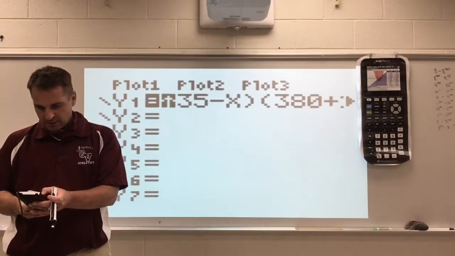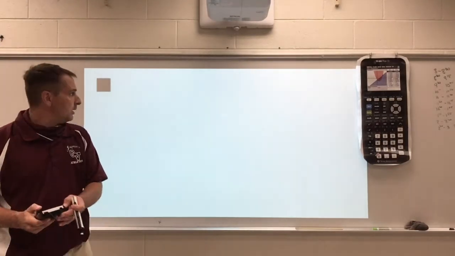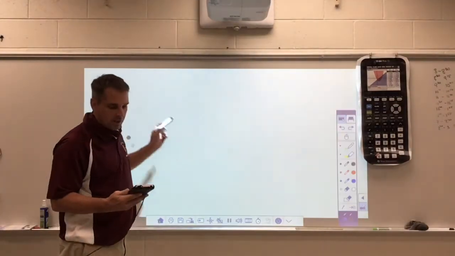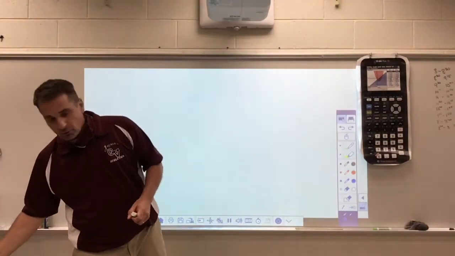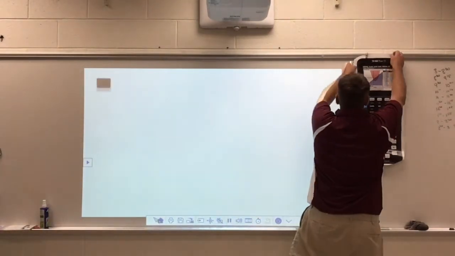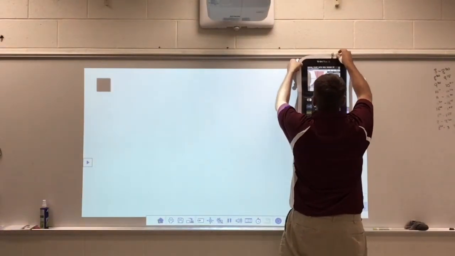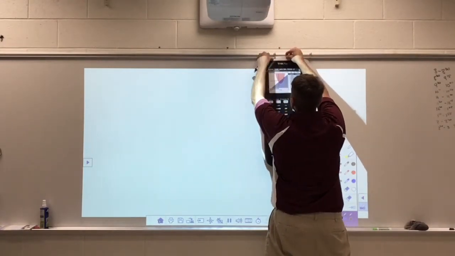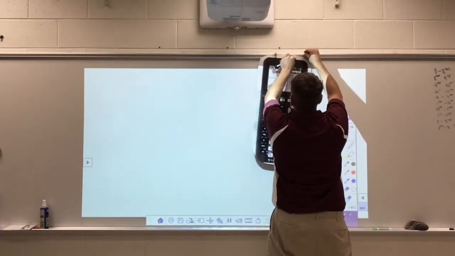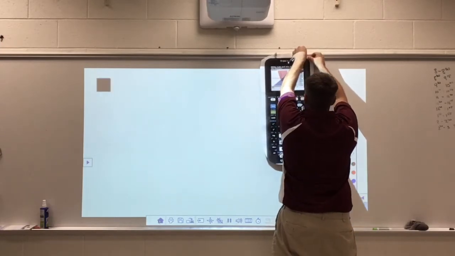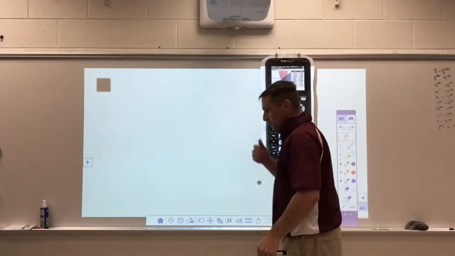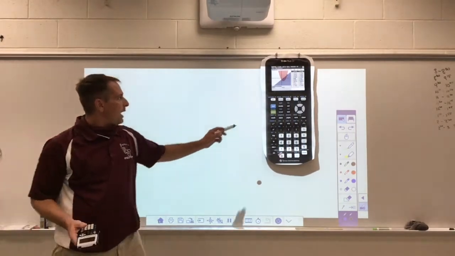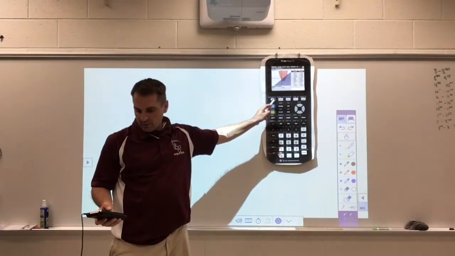Second, quit, clear. So my cursor's just flashing. Let me pull this over for you so you can see the buttons I'm going to use. I am going to go to the Y equals button right there. So, Y equals.